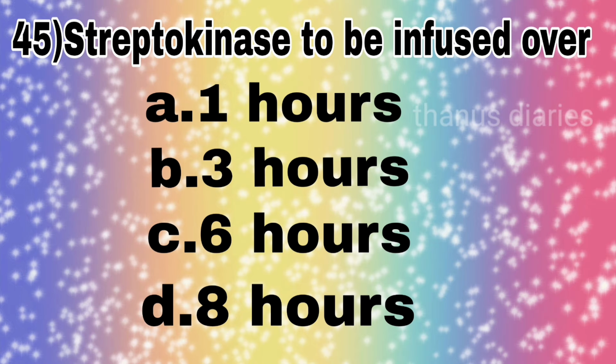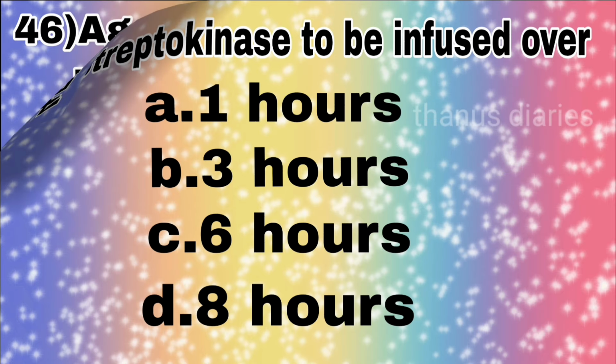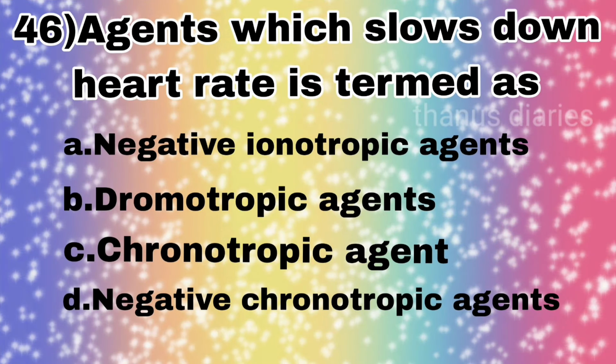Next question. Streptokinase to be infused over 1 hour, 3 hour, 6 hour, 8 hours. And the answer is 1 hour. Next question. Agents which slow down heart rate are termed as negative inotropic agents, dromotropic agents, chronotropic agent, negative chronotropic agent.